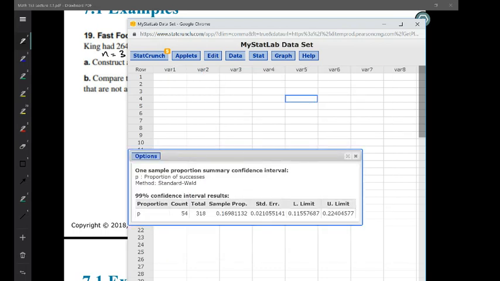Right? So we can be sure that the population proportion of non-accurate orders is between 0.115 and 0.224.